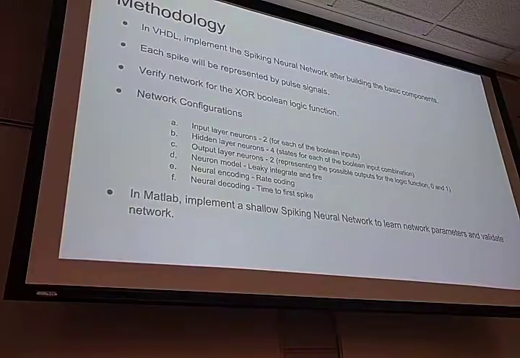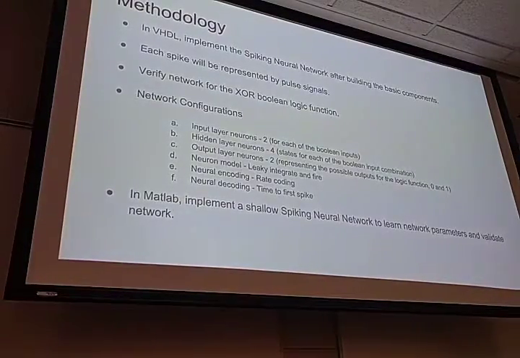So our network configuration for this XOR Boolean logic function would contain two input neurons for each input, and 4 hidden layer neurons for each state of the Boolean logic combination, and the output layer contains only 2 for the possible logic values of the output. These are the other configurations, for example, the neuron model, encoding and decoding.